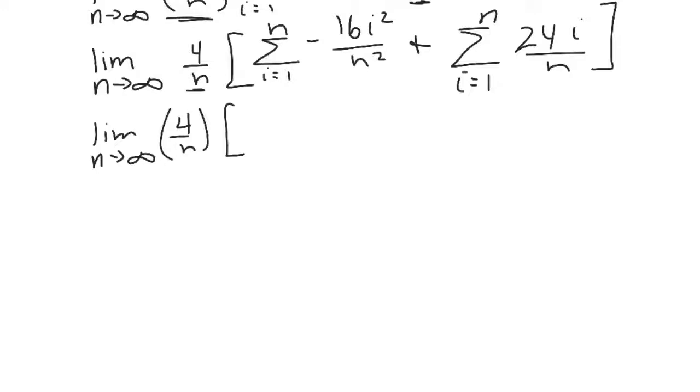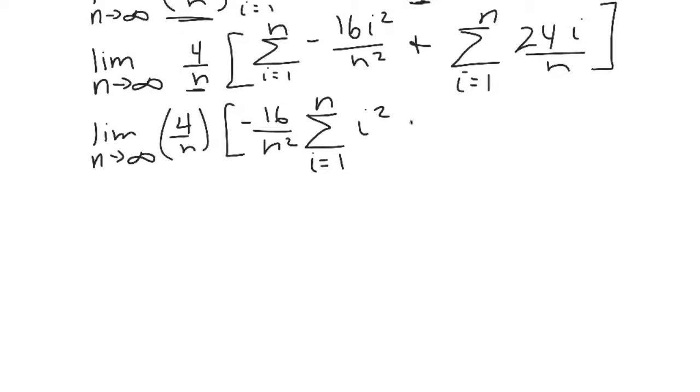And now, properties of summations, I'm going to bring the negative 16 over n squared out in front of my first summation from i equals 1 to n of i squared.